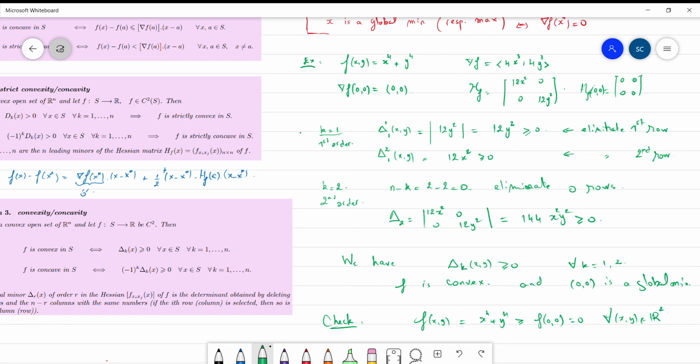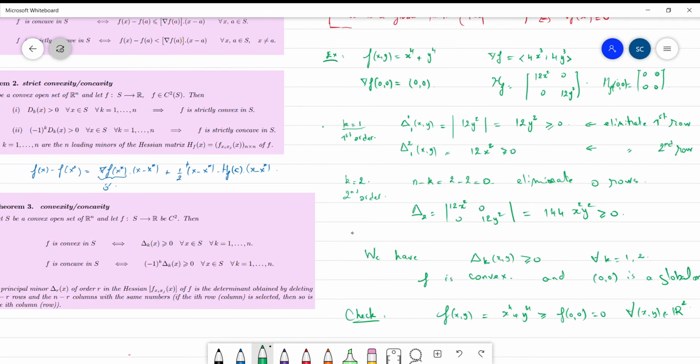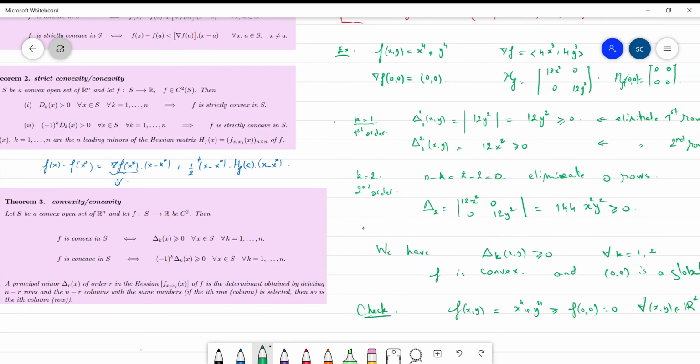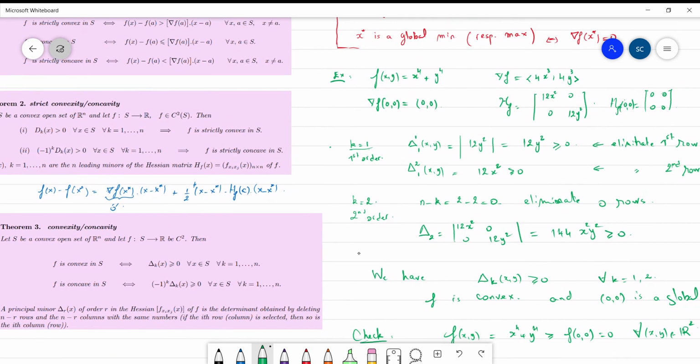So you see how we check the convexity of the function, find the critical point, and conclude.